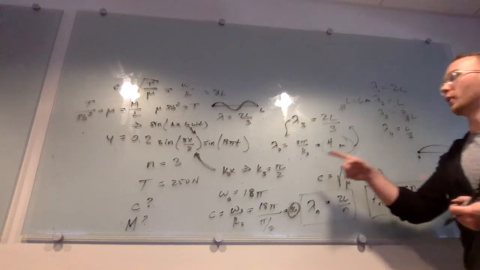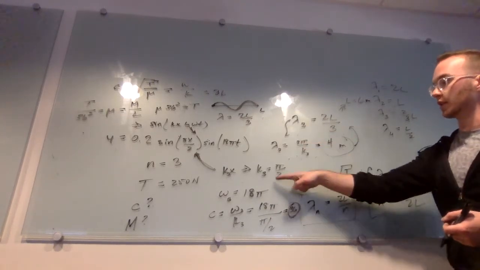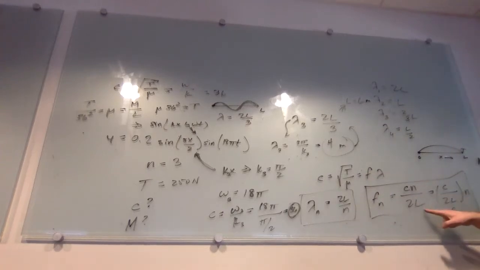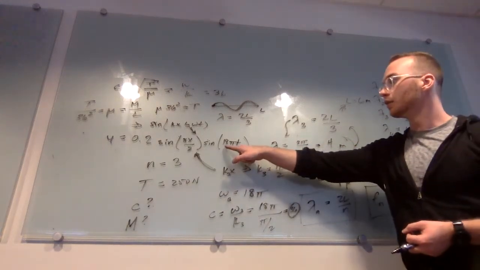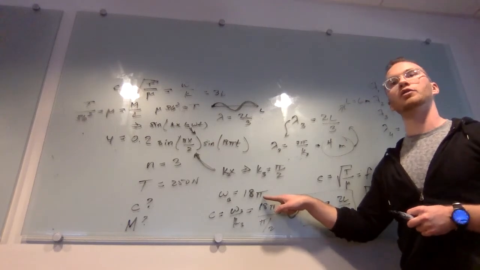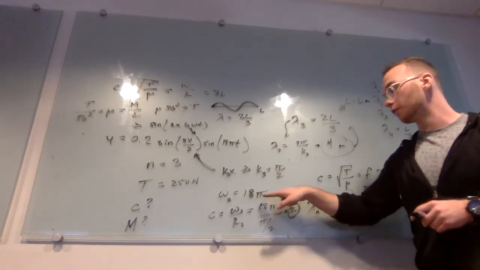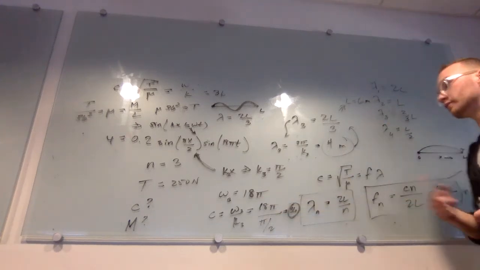So the way we got this wavelength back here, we actually could have done this, instead of this step, we could have done this one and gone through the frequency to get the length, because if L is in here too. So if we used omega, which is 18 pi, and we converted it, omega is like 2 pi f or something, right? And so we divided this by 2 pi, we would get 9, and then that's where the 9 is from.